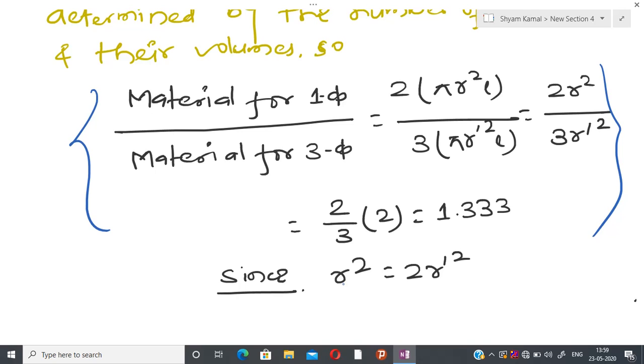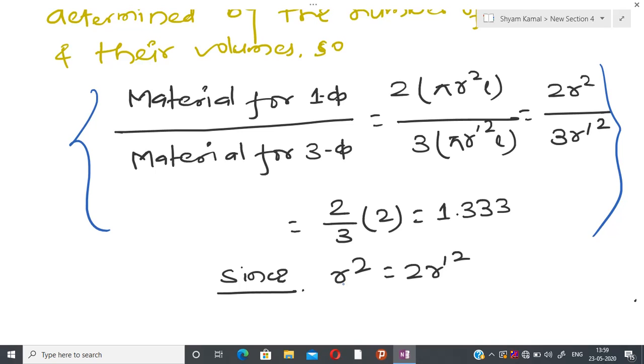Because if I want to deliver the same voltage, and if I want to maintain the same power, and if I am willing to maintain the voltage, we are able to see this kind of relation.